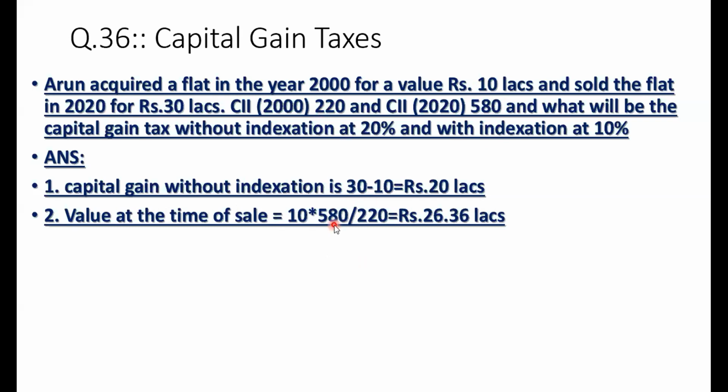So 580 divided by 220. How many of you understood? The 10 lakhs will have become 26.36 lakhs when you are loading inflation also. This is the correct way of calculating capital gain.